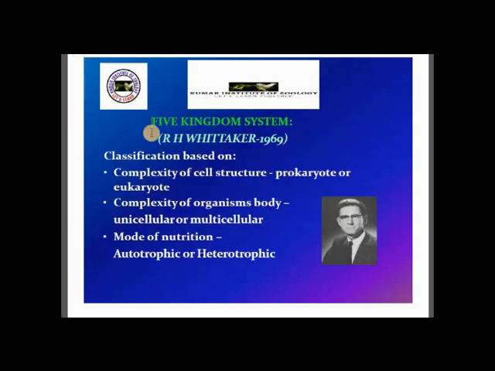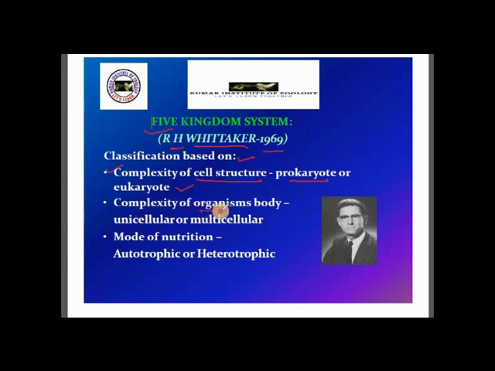And afterwards, in 1969, for the first time a five kingdom structure was developed by R.H. Whittaker, 1969. So it is completely based on five concepts. First one is complexity of the cell structure. How a cell is, whatever we discussed just now, a prokaryotic cell or eukaryotic cell.